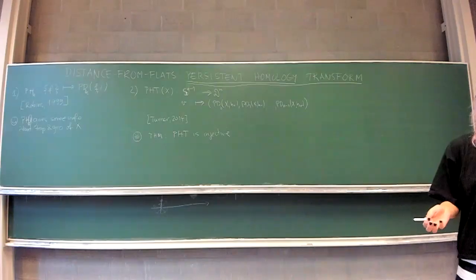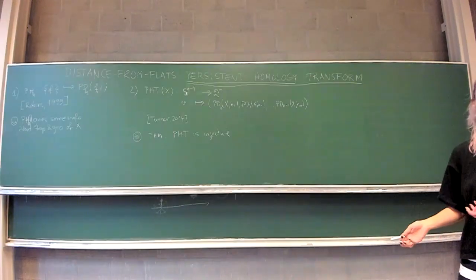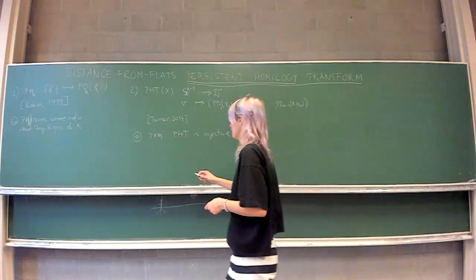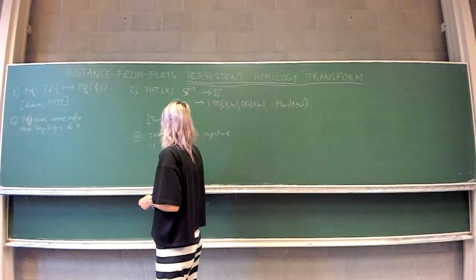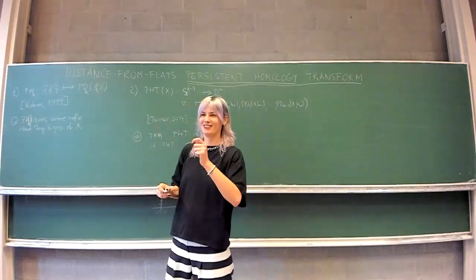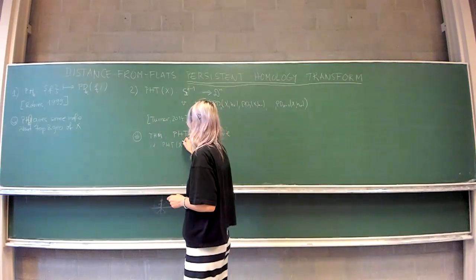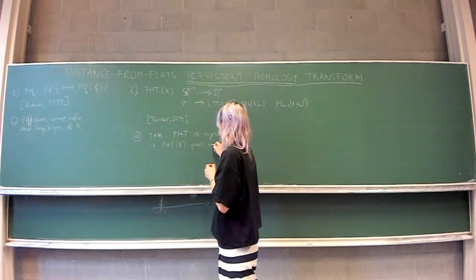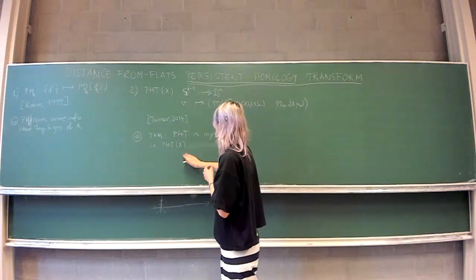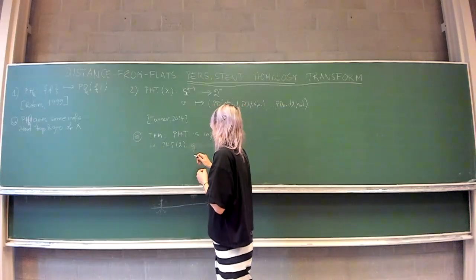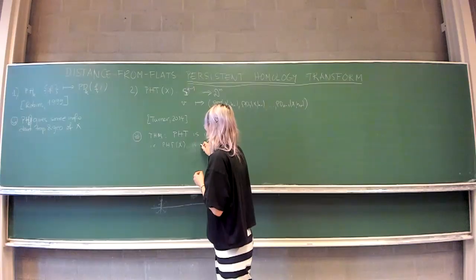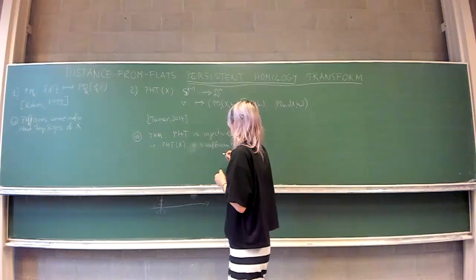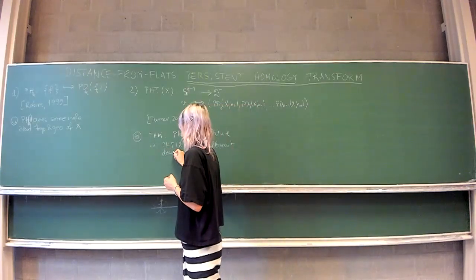So if you take two different shapes, X and Y, their persistent homology transforms will also be different. Meaning basically, what you already said 5-10 minutes ago, that the PHT of X is a complete, sufficient descriptor of shape.